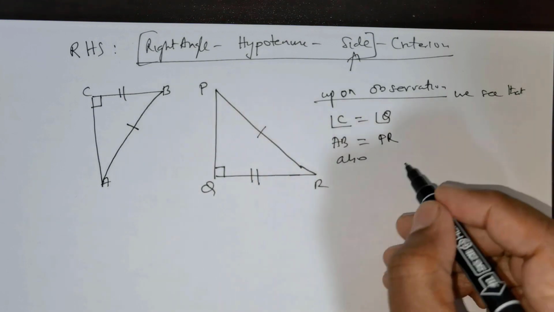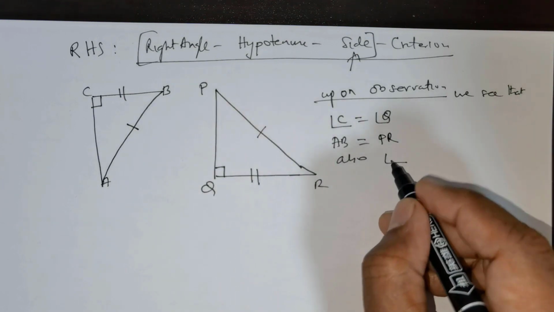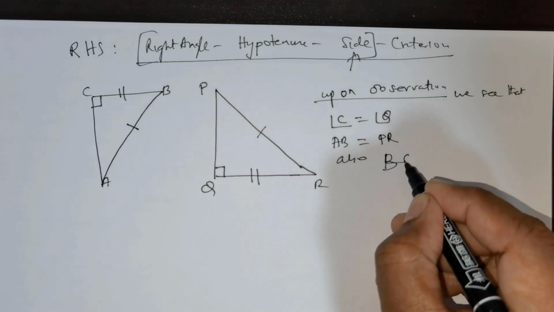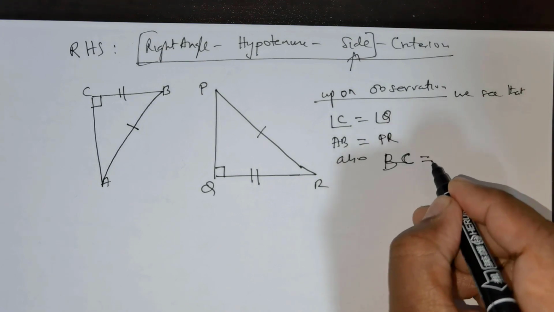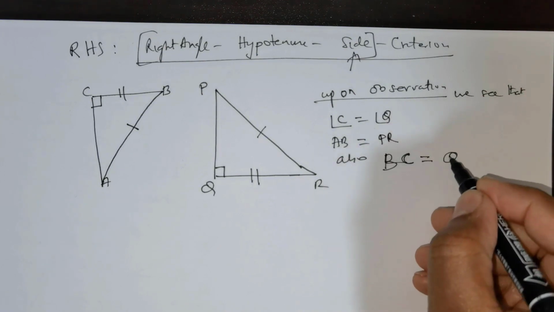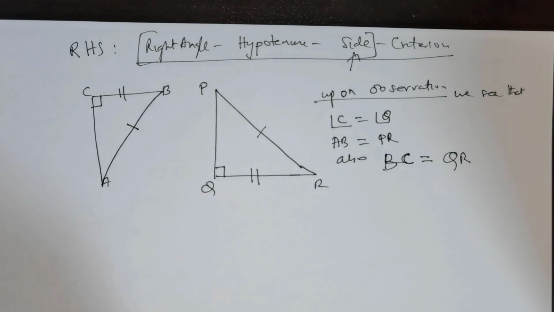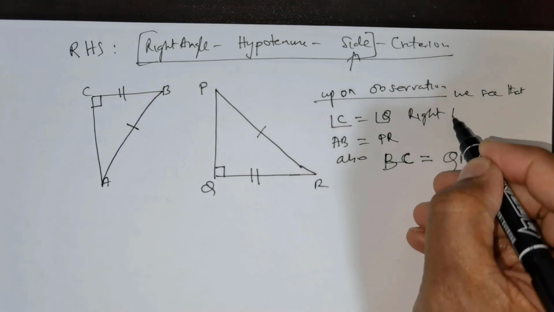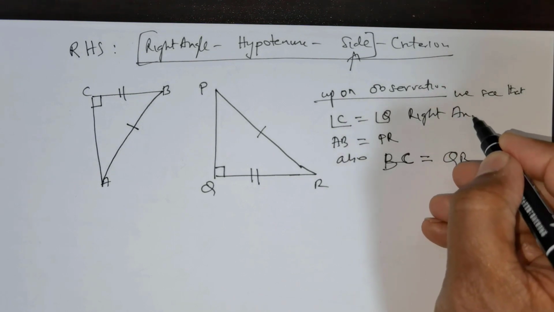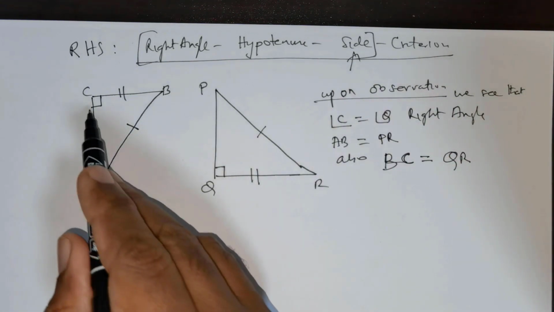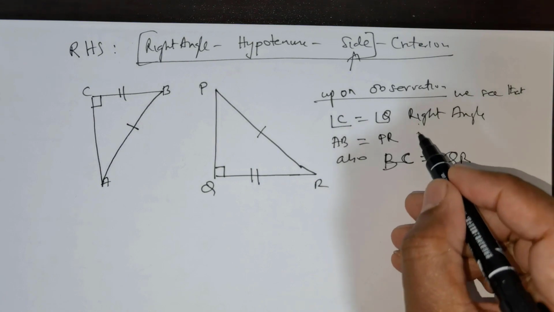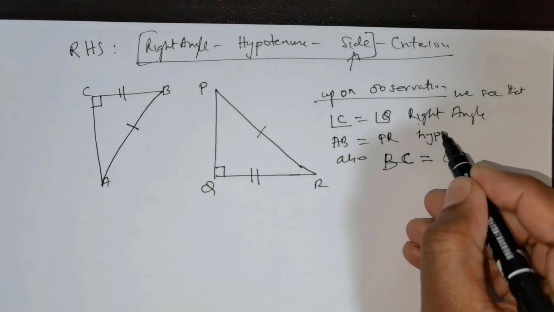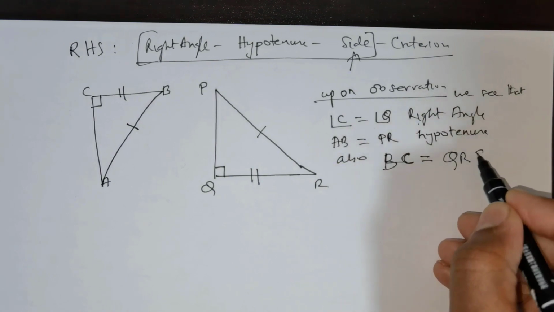Also, BC is equal to QR, right? So this is the right angle at C and angle at Q, and this is the hypotenuse, and this is the side.